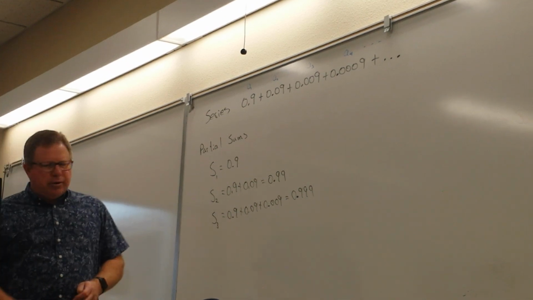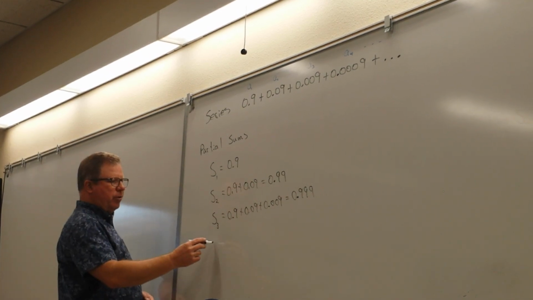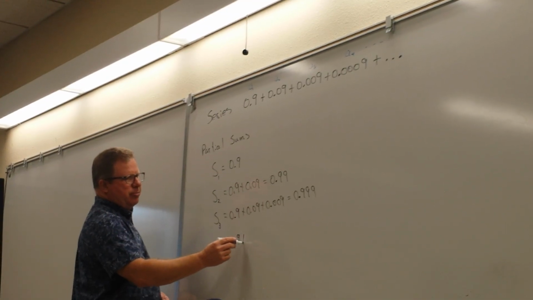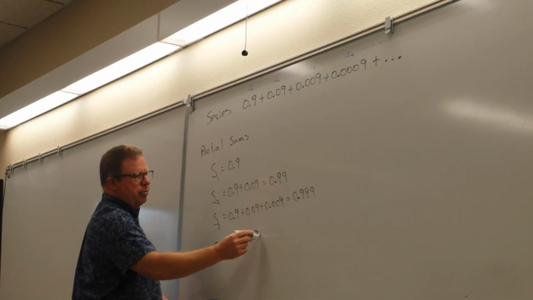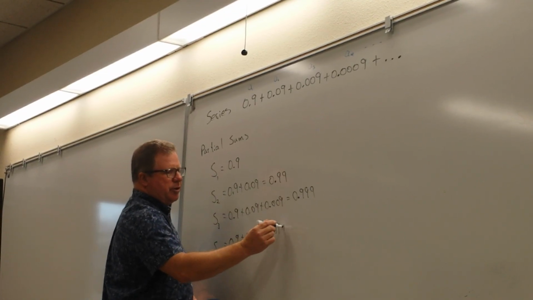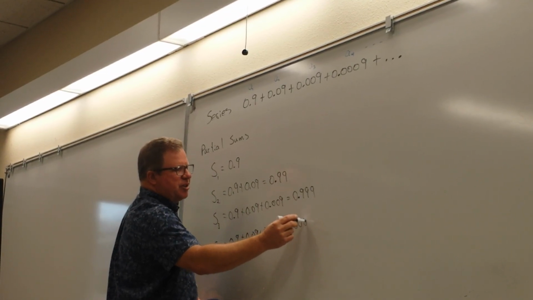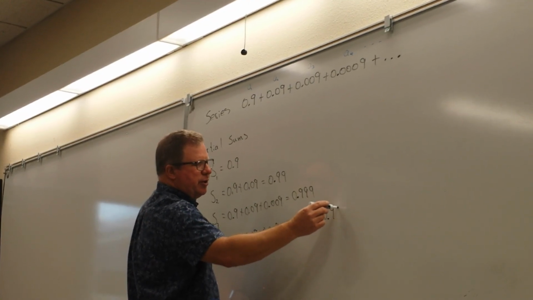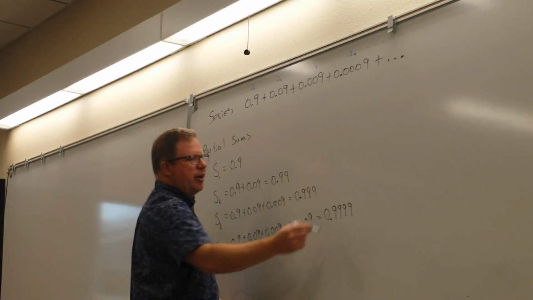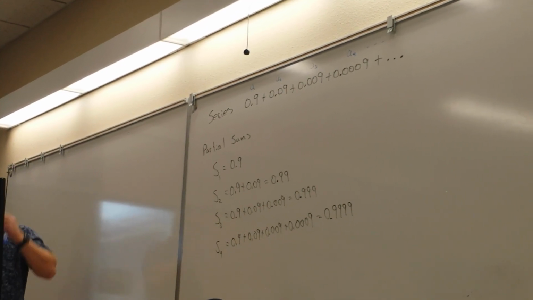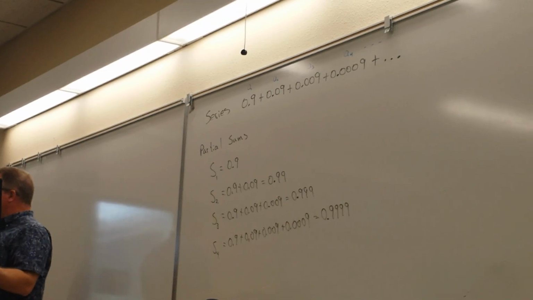Let's do another one. S sub 4 would be 0.9 plus 0.09 plus 0.009 plus 0.0009, which would be 0.9999. All right, do you see what's happening here? See the pattern?